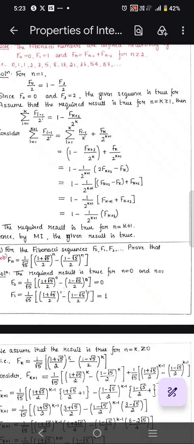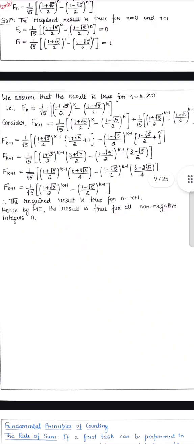Then for 2 power i, we have given it as 2 power k plus 1. So that is added. Here also we have done the same thing. Then we shall take the common thing as k minus 1 in both the sides. First common thing is 1 by root 5, then 1 plus root 5 by 2 power k minus 1 in both the sides.